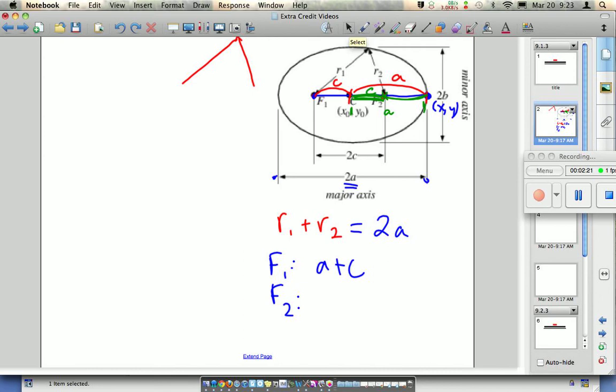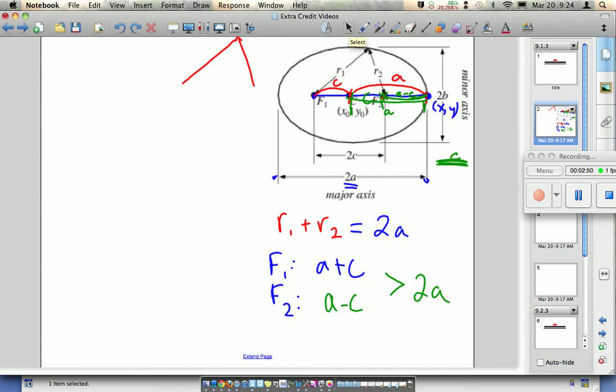This distance right here is a minus c, because it's a, but take away this section that's represented with c. So F2 has a distance of a minus c. If we add these two together, we see that the distance altogether is 2a. So R1 plus R2 will always equal 2a for every point on this ellipse, because we used a general description.